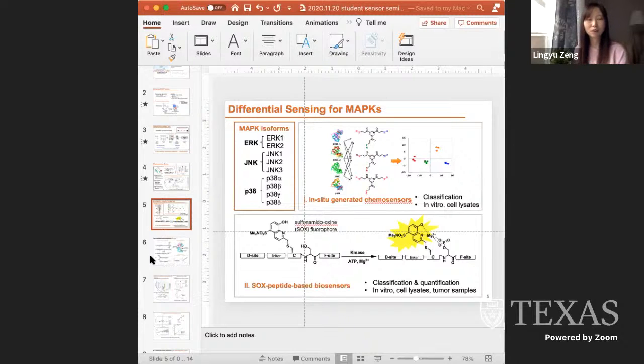If the peptide can react very well with a certain activated kinase, or the cell lysates pretreated with the activator, we can still observe an increasing signal. So I think it still works very well.